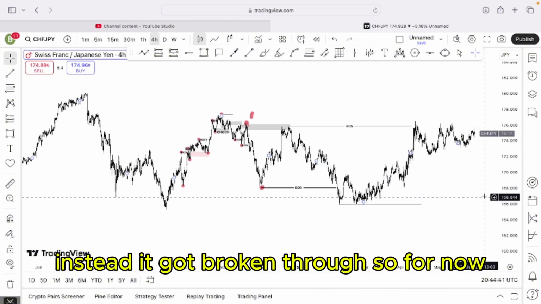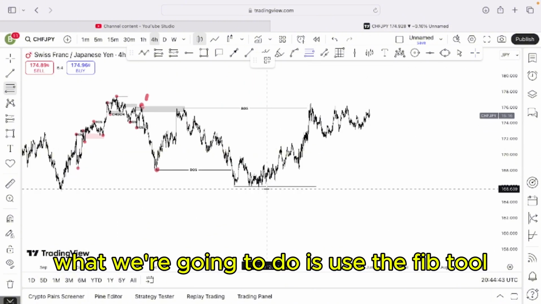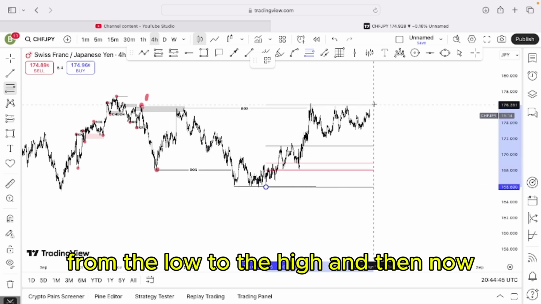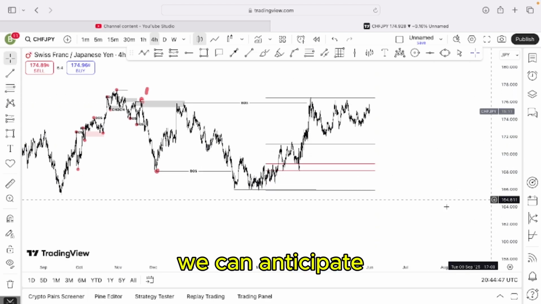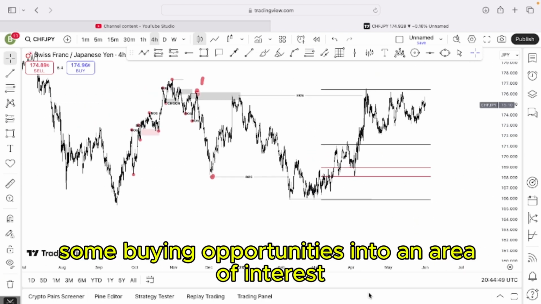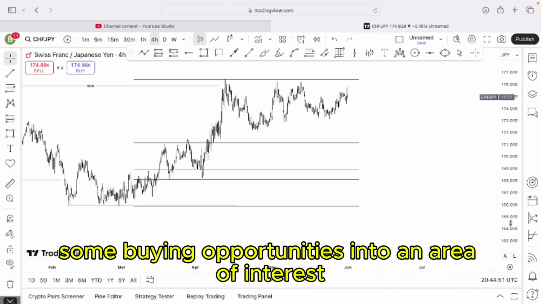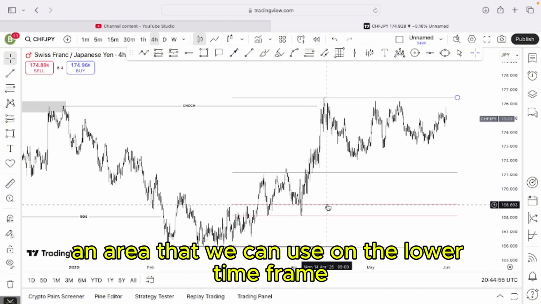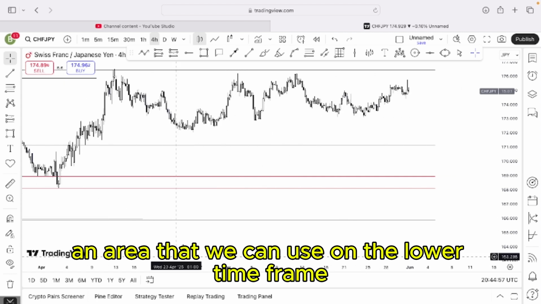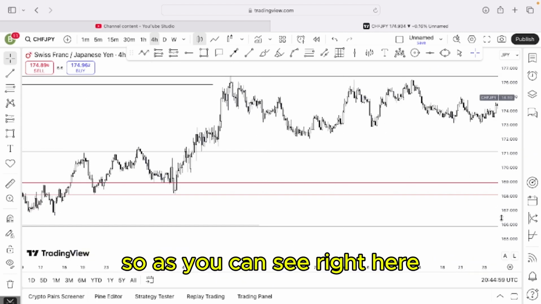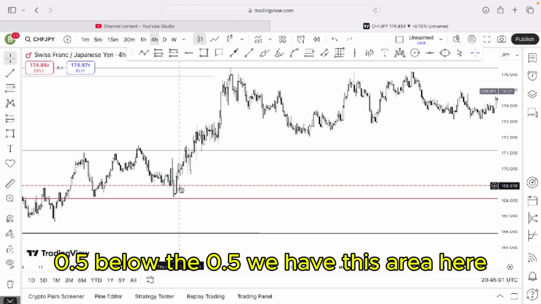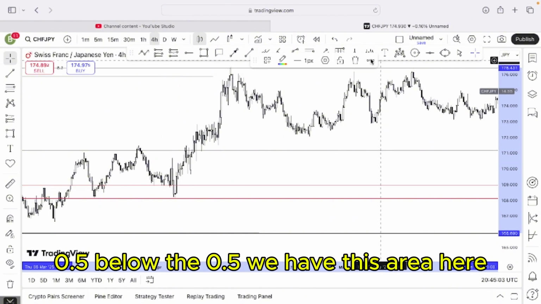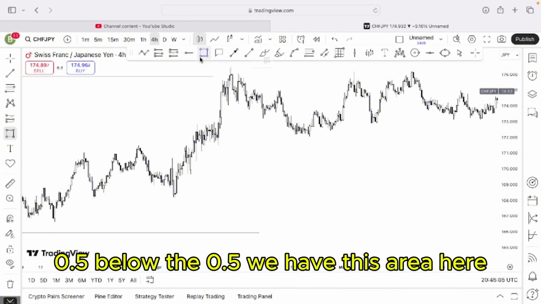So for now, what we're going to do is use the fib tool from the low to the high, and then now we can anticipate some buying opportunities into an area of interest. So we can just zoom out and see if there is an area that we can use on the lower time frame. As you can see right here, below this 0.5, we have this area here.